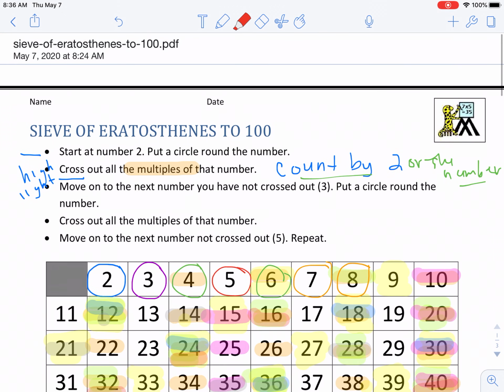All right, and then we have 9s. 9 is already colored in.